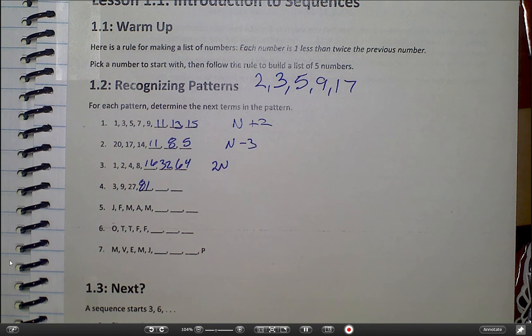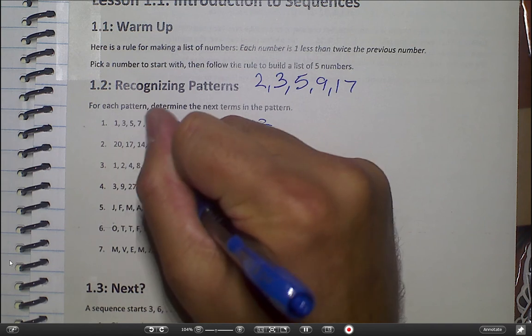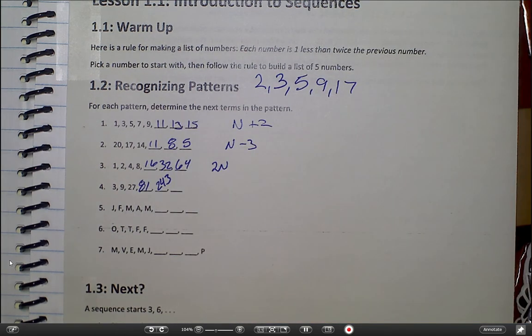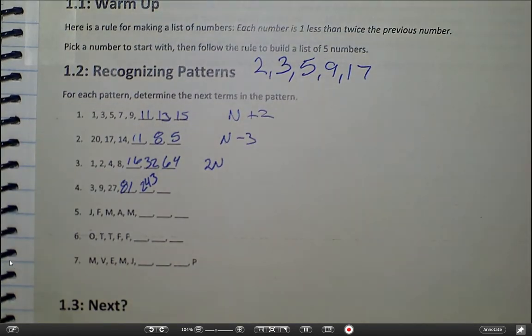So the next one will be 243. And my next one? 729.